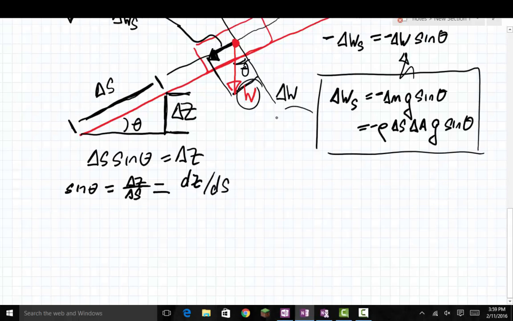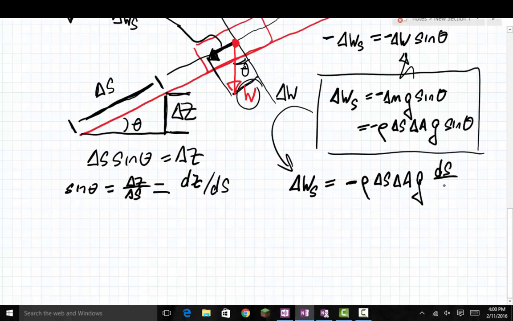So this gives me the weight term that acts along the streamline. In the way we've drawn it here, it's going to come in as a negative, so minus rho delta S delta A times g times dz/ds.